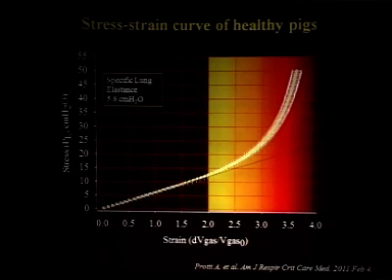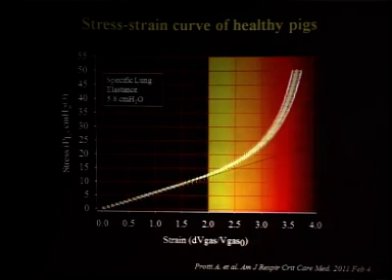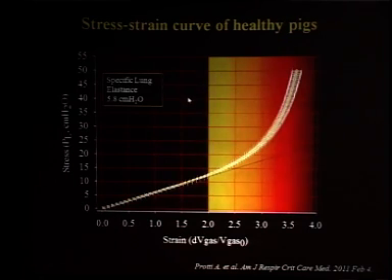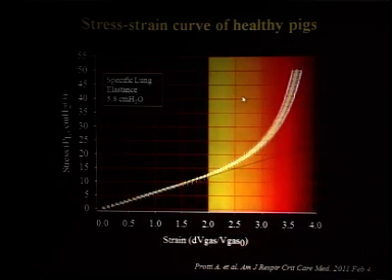in the lung reach their own total lung capacity. So they cannot inflate more. And this region in yellow is the region of transition in which some pigs survive, some pigs get sick. And then in this region, the mechanical ventilation is lethal.